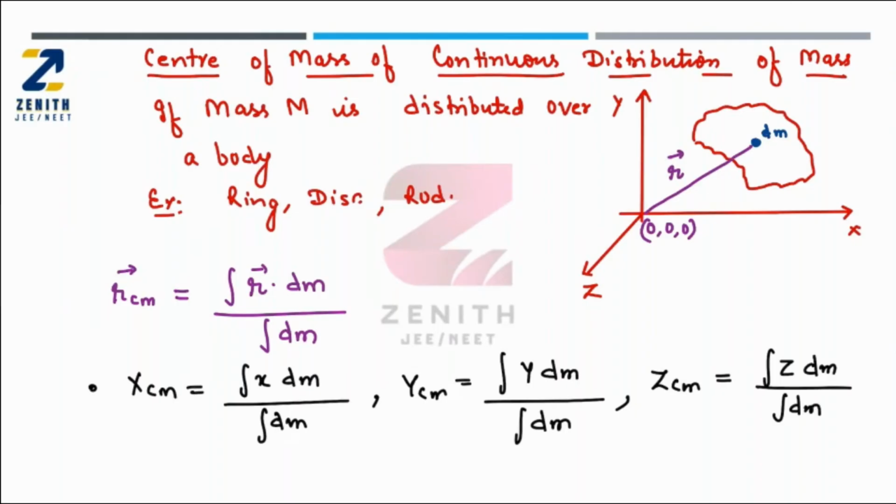So what is this dm? dm is nothing but the mass of the smallest element. If you integrate throughout the body, then you will get the complete body mass. So for a continuous distribution, you have to take a small element and then integrate. Fine. What are this x, y, and z coordinates?